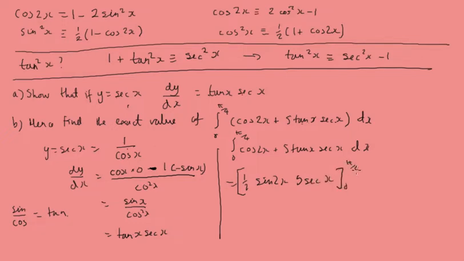From 0 to pi over 4, and by substituting in our limits, we'll have half plus 5 root 2 minus 0 plus 5, and that's going to give us 5 root 2 minus 9 over 2.